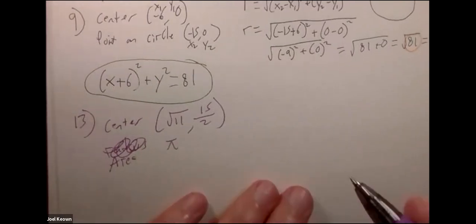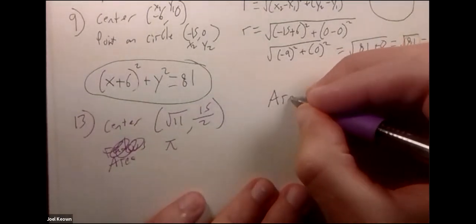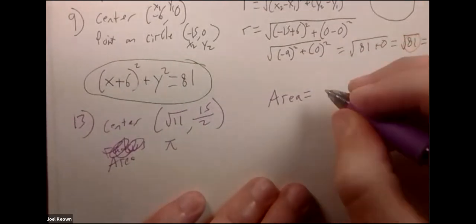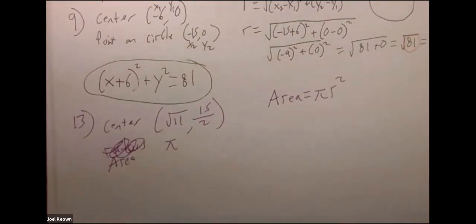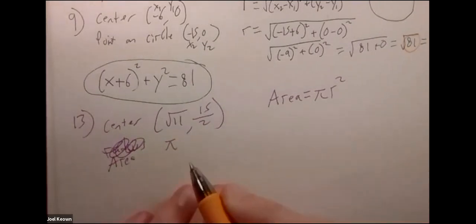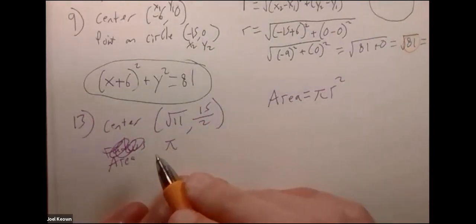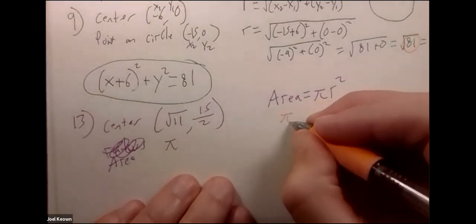So this is what I'm going to do. Area of any circle is pi r squared. Okay? Area is pi r squared. Now let's think about this. If area is pi r squared, and I know that my area is just pi, so I'm going to replace area with the area they give me, pi.